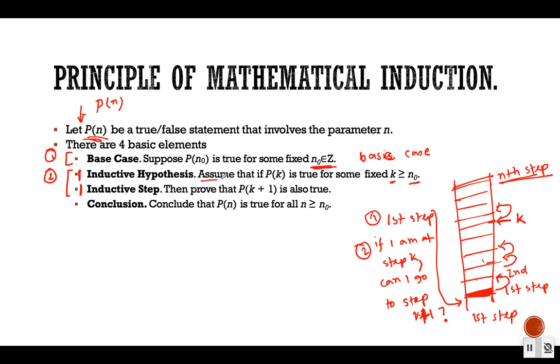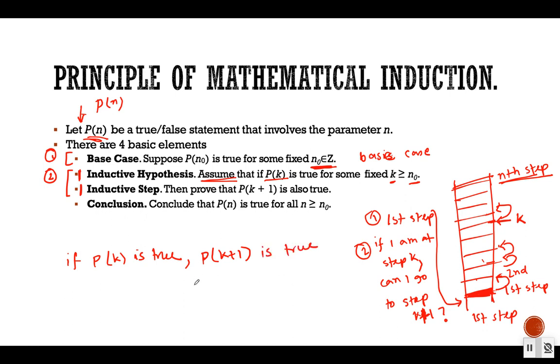So you can see that we are assuming here, and that's actually our hypothesis. Hypothesis means we are going to assume something is true, then we are going to take the inductive step. So using the hypothesis we are going to prove that if Pk is true, then Pk plus 1 is true.